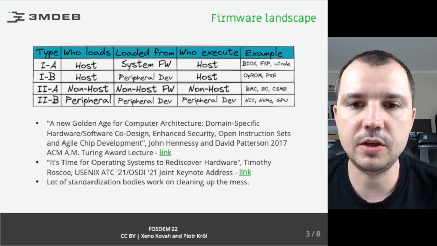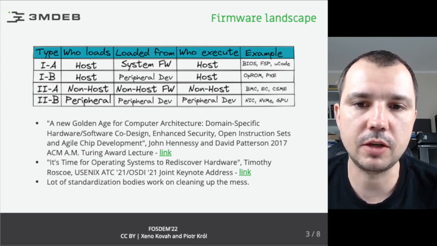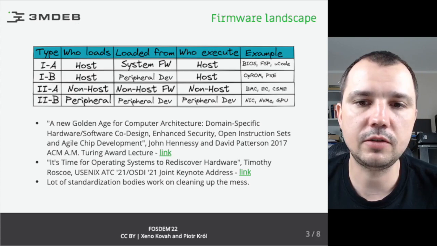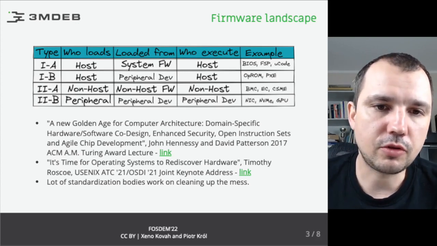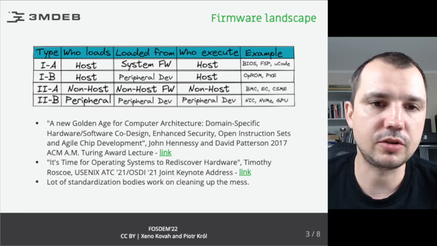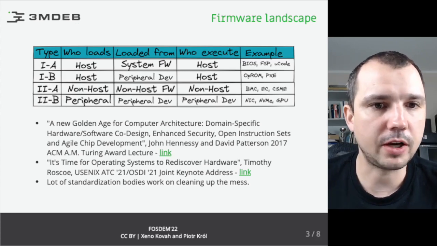There is SPDM, a specification from the DMTF. OCP also has its own requirements and recommendations. So all those groups are trying to do something about the ever-growing number of proprietary, closed source, hard-to-verify components.